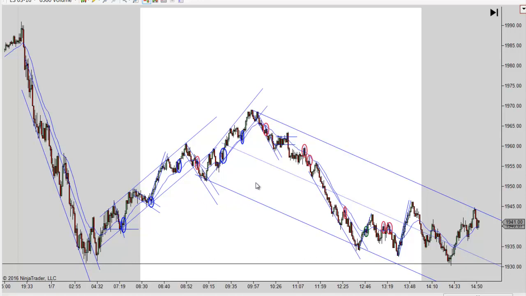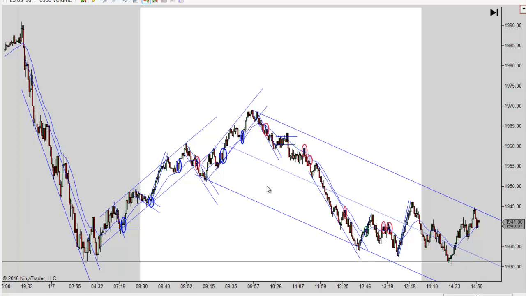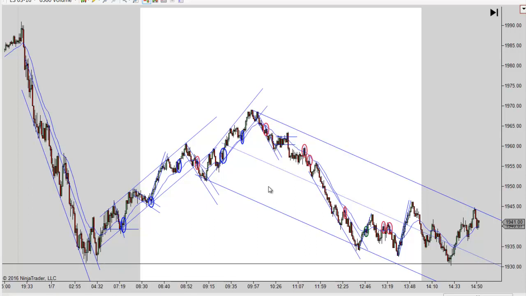It never fails, once in a blue moon somebody will come on the YouTube channel and start making comments that you're drawing your trend lines wrong. You can't draw trend lines like that until after the fact, and there's a large school of people that probably truly believe that. If that's what they want to believe, let them believe it.